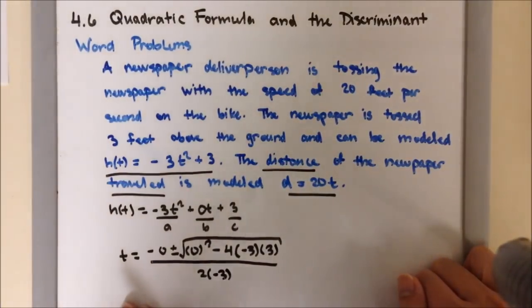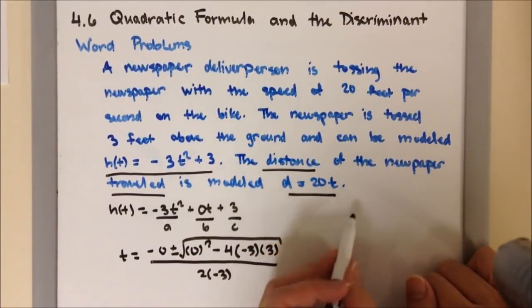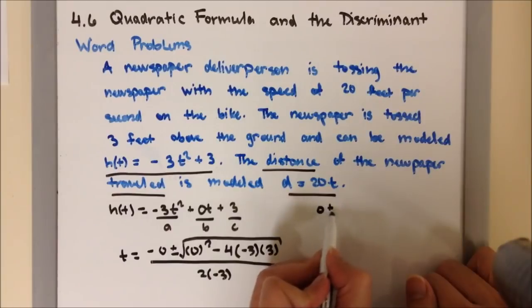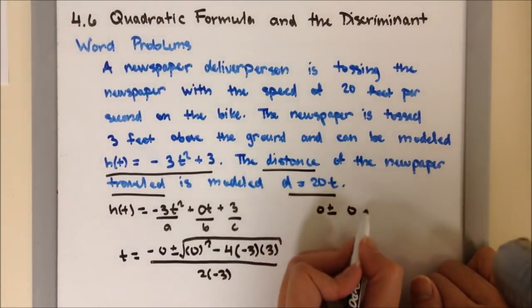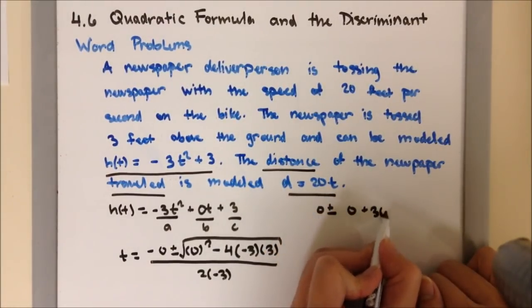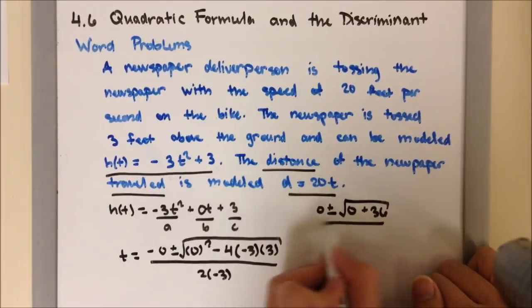Alright, so filling it out is going to be 0 plus or minus 0. Negative 4 times negative 3 is 12 times 3 is 36. So plus 36 inside the square root over 2 times negative 3.